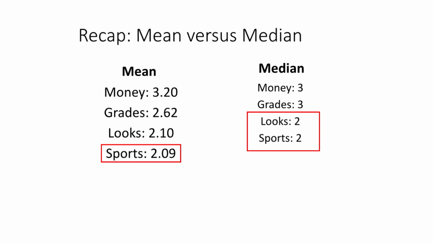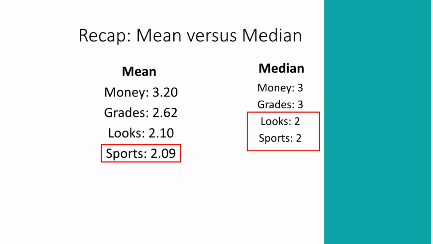However, for looks and sports, we get the same middle value. And that's because with the median, if your underlying variable is numerical and discrete, your median is going to be a counting number.